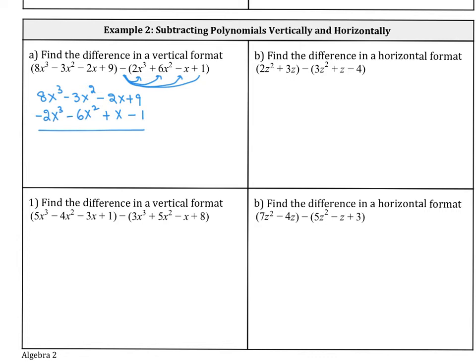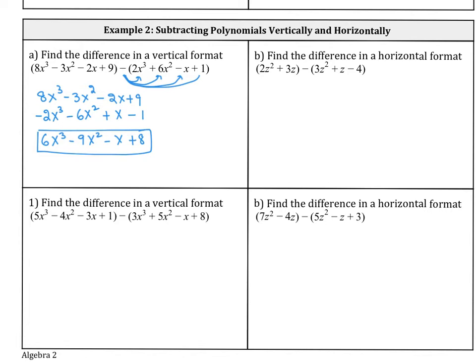So just remember that you're distributing this negative inside first and writing underneath this polynomial. And then you're going to combine those two polynomials. That is going to be 6x cubed minus 9x squared minus x plus 8. And that's going to be your answer.